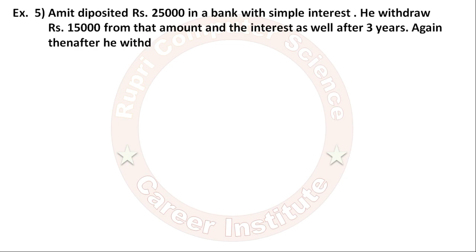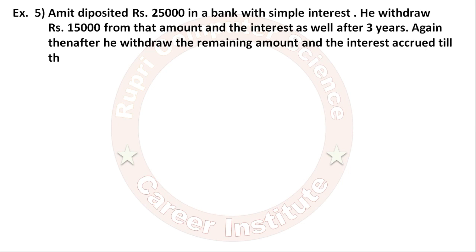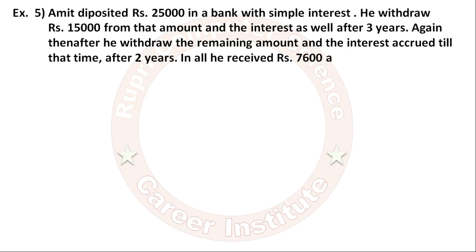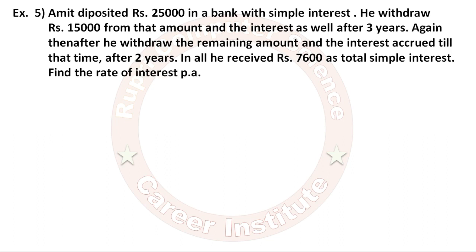Thereafter, he withdrew the remaining amount and the interest accrued after 2 years. In all, he received rupees 7,600 as total simple interest. Find the rate of interest per annum.